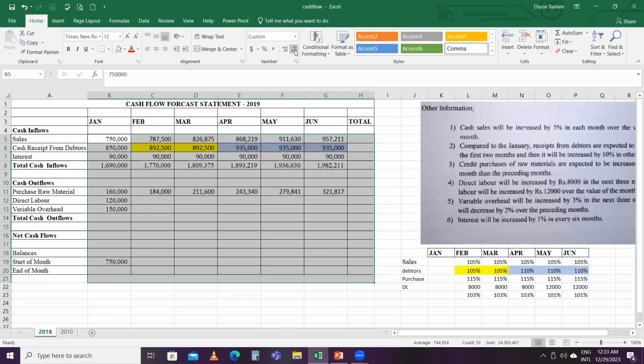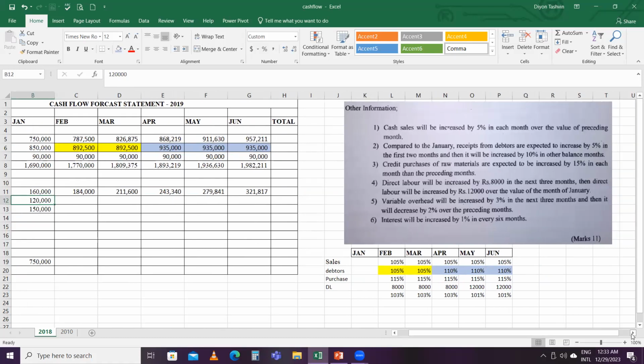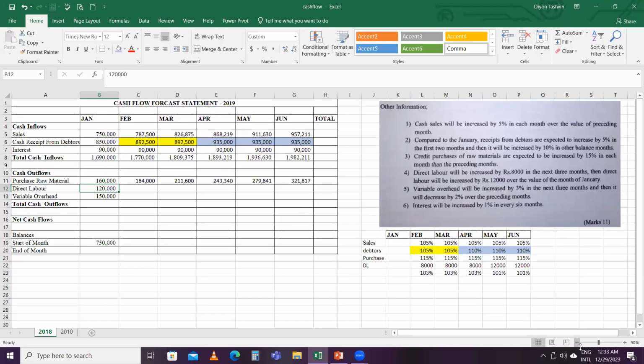I'm going to decrease the decimals. So here, when you go through, you can see the direct labor. Now we have 120,000. Now it will increase by 8,000. So we have to add 8,000 more in the next 3 months.